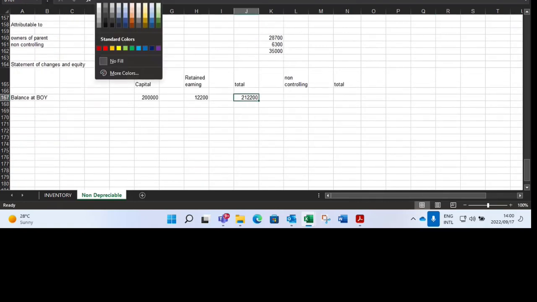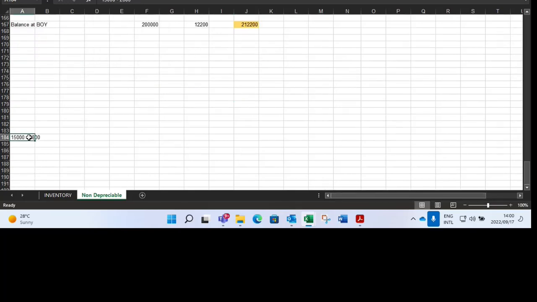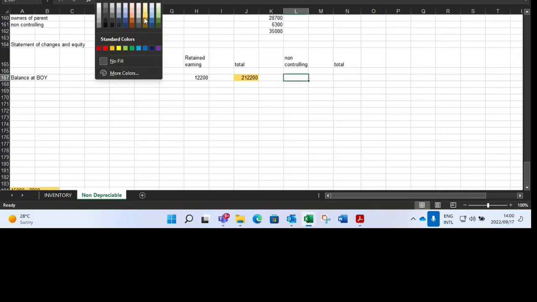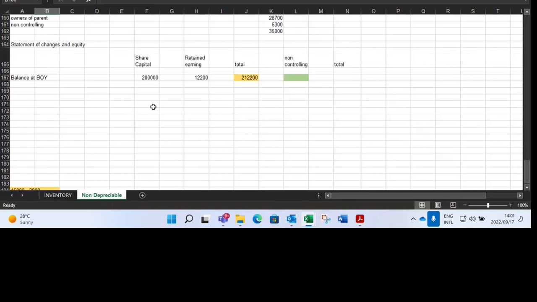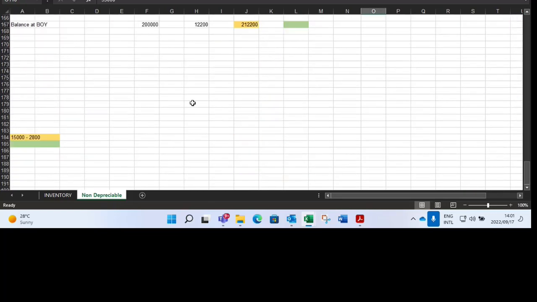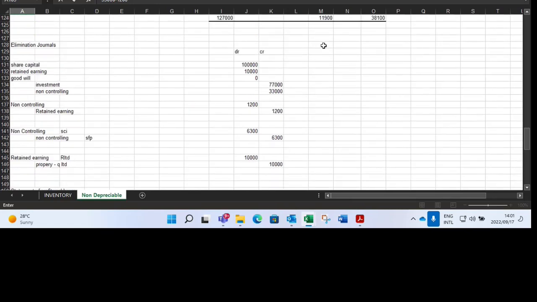So this one I can say is this, while this one will be this part, which we had the 33,000. So we say the 33,000, we less the loss here 1.2. Hold on.